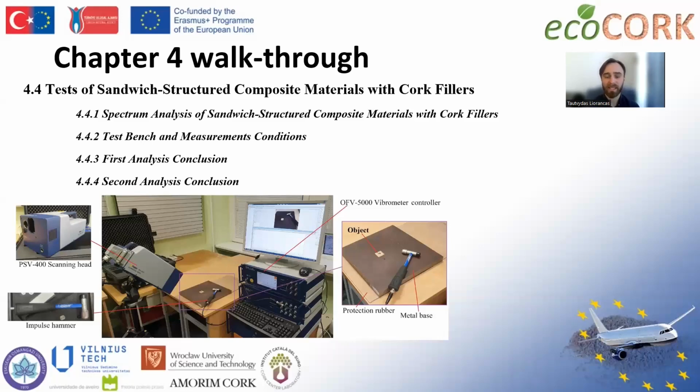This analysis concluded that cork and foam have very similar damping properties. However, we must also know that because cork is eco-friendly and reusable, unlike foam, we should consider these results to be positive and conclusive.